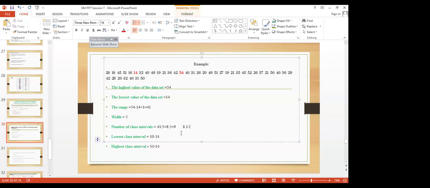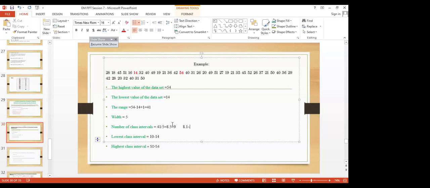8 is correct when you round off 8.1, that is 8. When you round off 8.5, that is 9. That is also okay. But the number of class intervals means within these intervals we have to cover all the range. Range means 41, from 54 to 14.